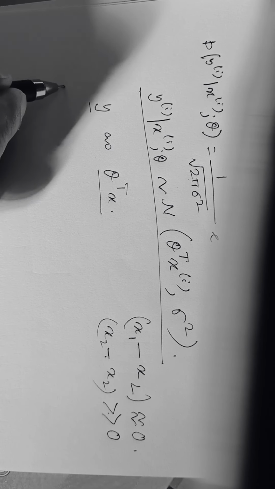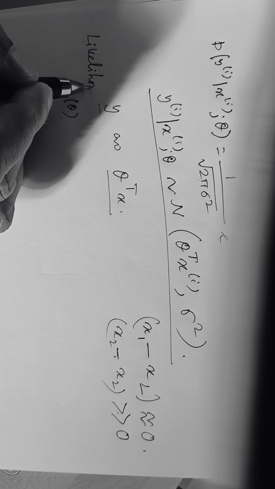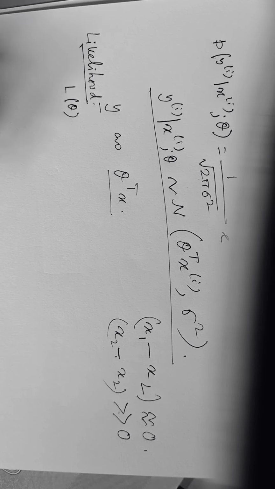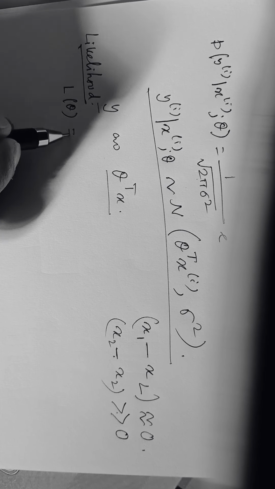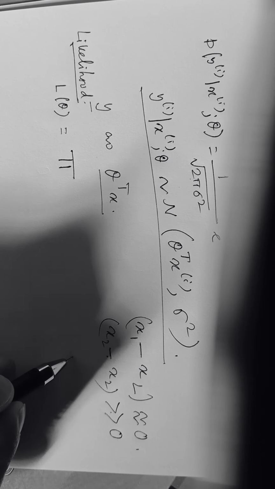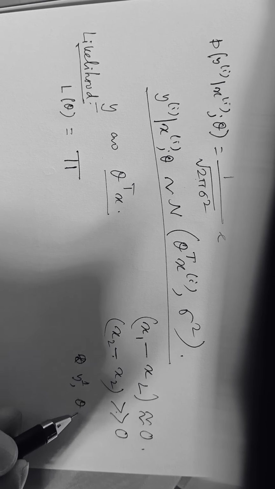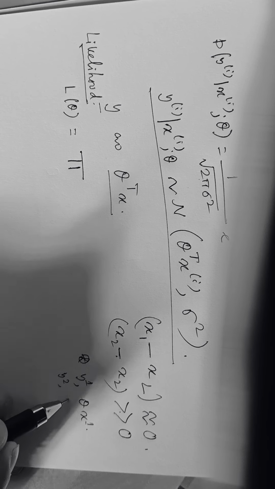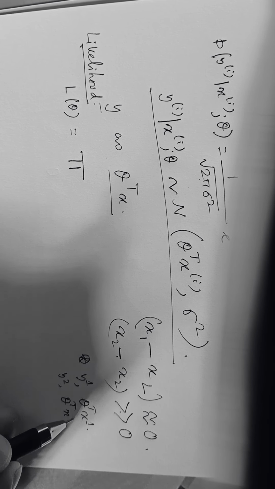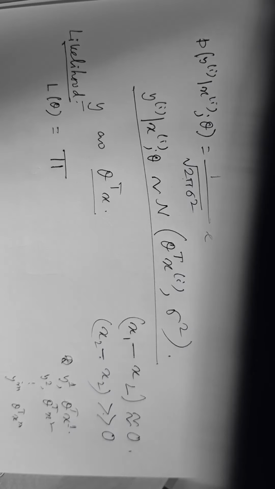So the likelihood function L theta is equal to the product. Obviously we will check the difference between y and y1, the first record, and theta transpose x1, then y2 and theta transpose x2, and so on, up to ym and theta transpose xm. All these values will be checked, and the probabilistic differences will be multiplied with each other.